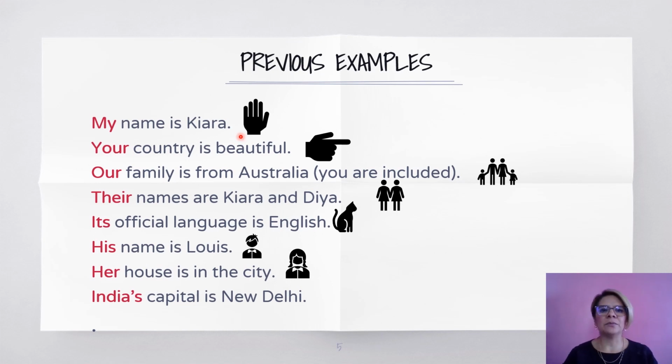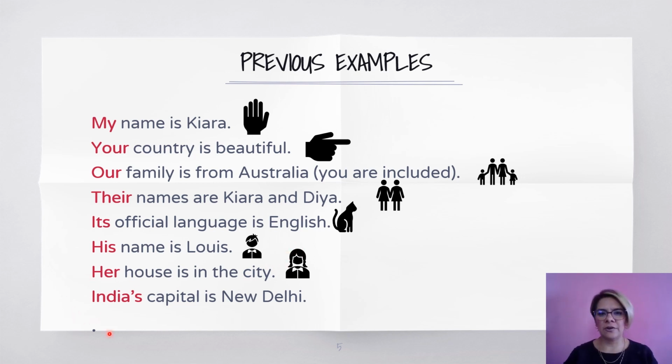So again, we have here the same example in order to remember. These are possessive adjectives: my, your, our, their, its, that could be, remember, an animal, a thing, a place; his, that is something that belongs to a boy; her, something that belongs to a girl.